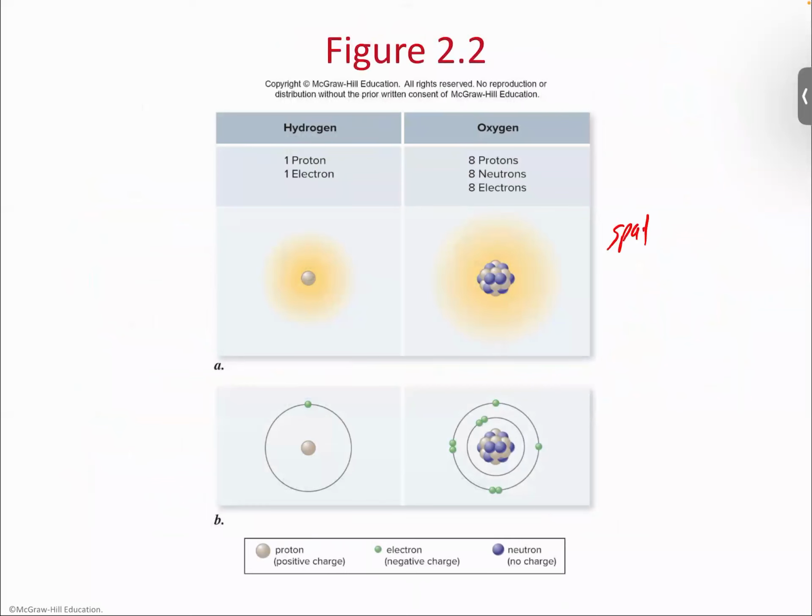So for instance, this one up here is a spatial representation of electrons that are in space, that is, at a given point in time. And so typically, you have hydrogen, which has one proton and one electron.